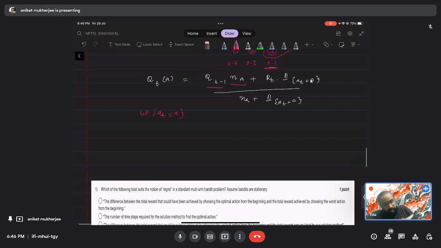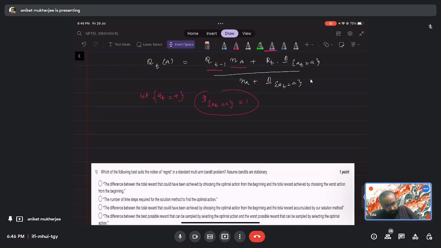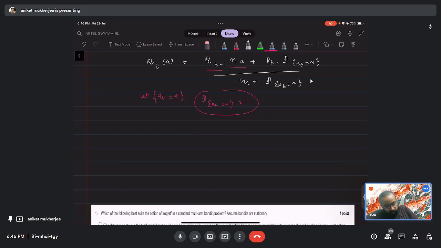So the arm that you are trying to update the sample average for has been picked at time t. Then the indicator of At equal to a is 1. So Qt minus 1 times Na plus Rt, by Na plus 1.